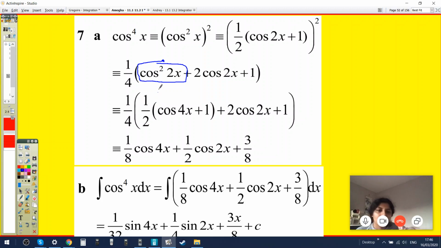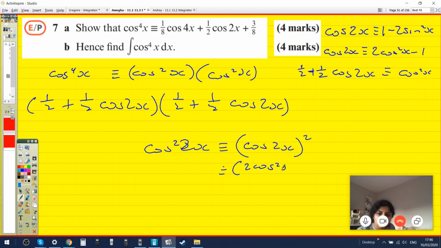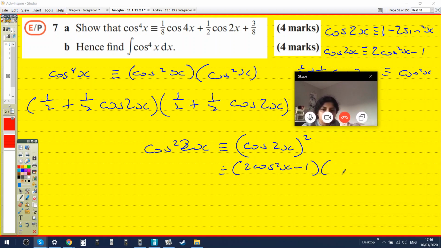They have cos squared 2x. How did that become half cos 4x plus 1? Cos squared 2x is the same thing as cos 2x squared. And we said cos 2x is the same as 2 cos squared x minus 1.